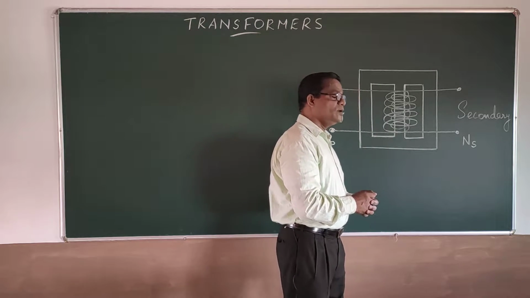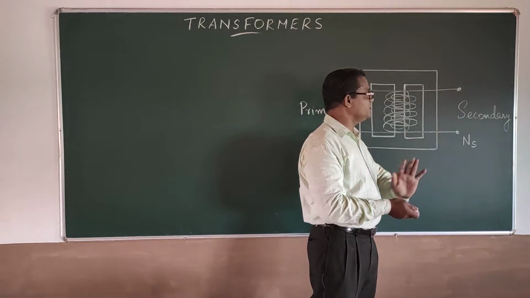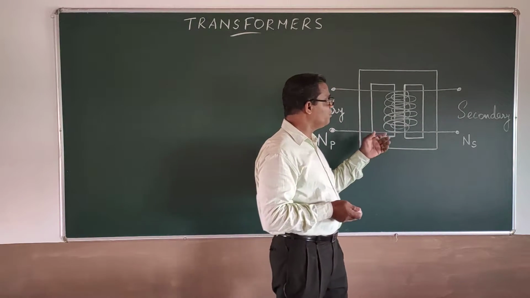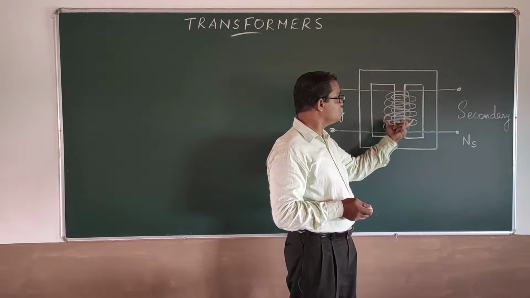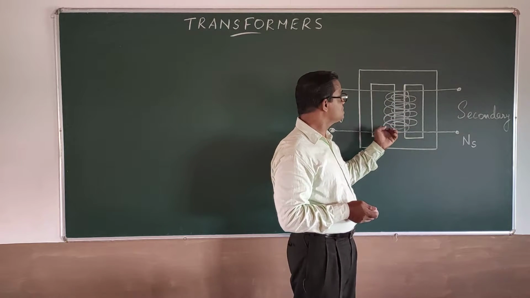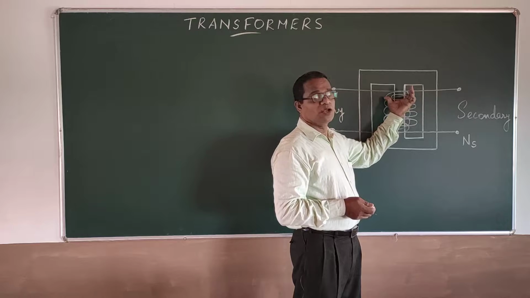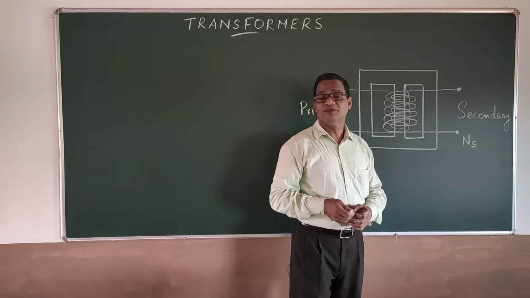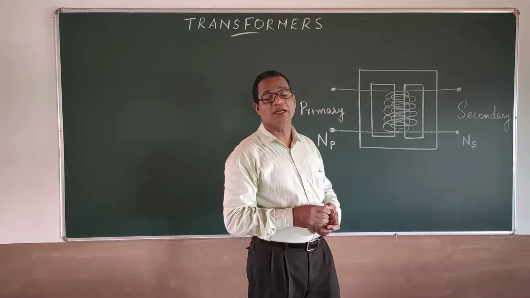Now the secondary voltage obtained will depend upon the number of turns of the secondary which is coming along with the magnetic field of the primary due to the varying current flowing through it.